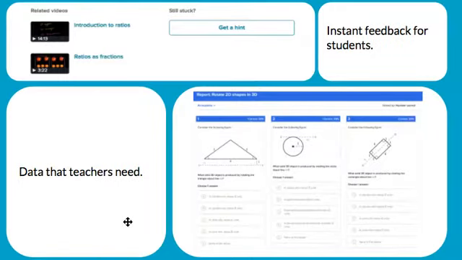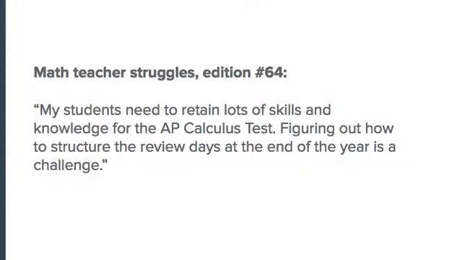We talked about earlier that Khan Academy gives students feedback right away on whether questions are right or not. And teachers can also view how students are doing on these assessments and different exercises.